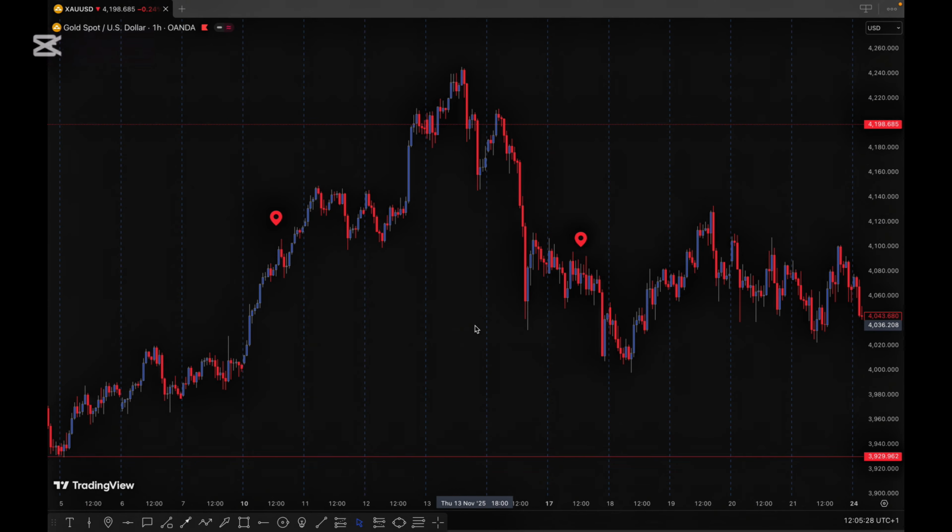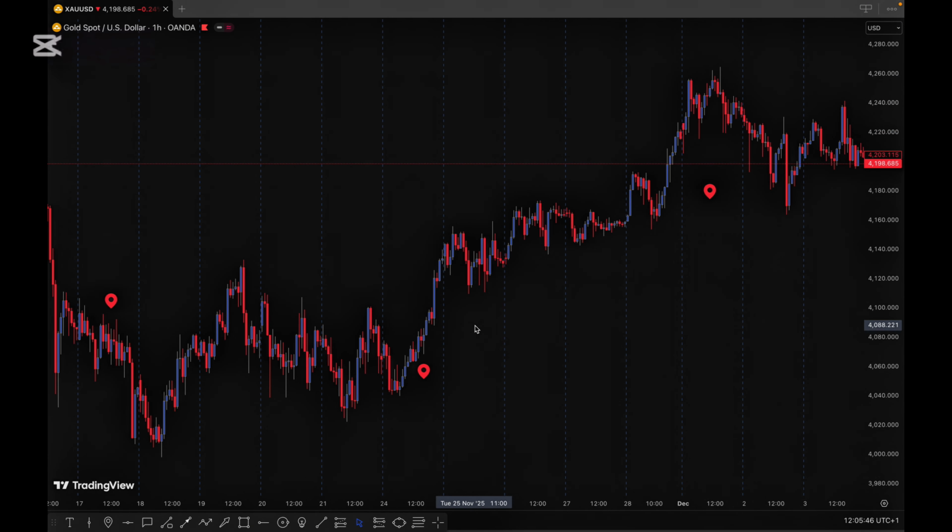From my experience, with support and resistance, various traders and various gurus have different terms. Some will call it supply and demand, and the basic intro definition to it is just support and resistance.